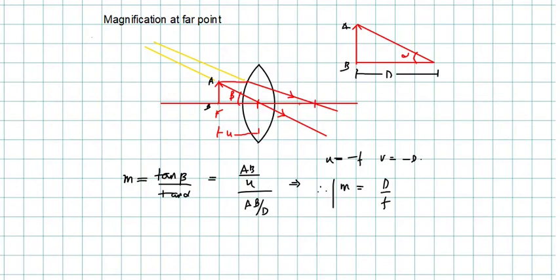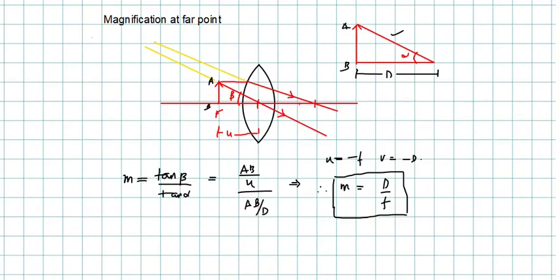This is the magnification of the simple microscope at far point adjustment. Clear? So, again I am explaining. Generally, every time you look at the object, you will be able to see distinctly when it is at a distance of 25 centimeter from your eye. So, that is this case.